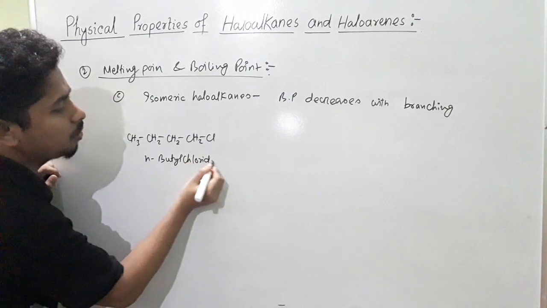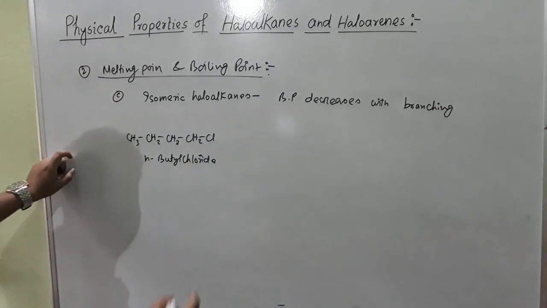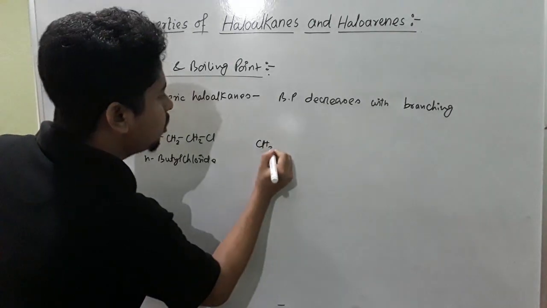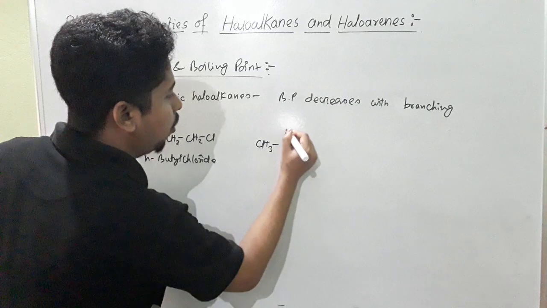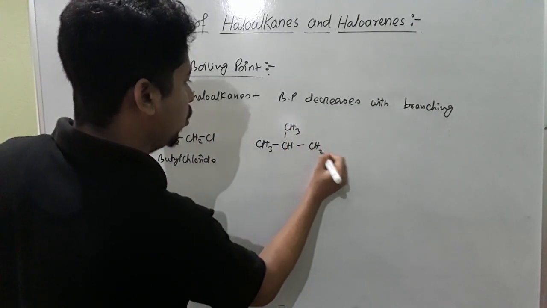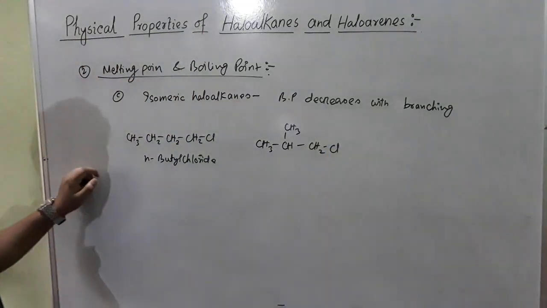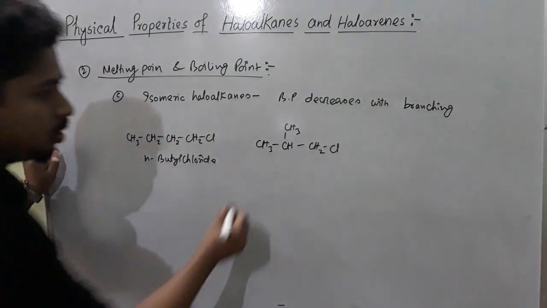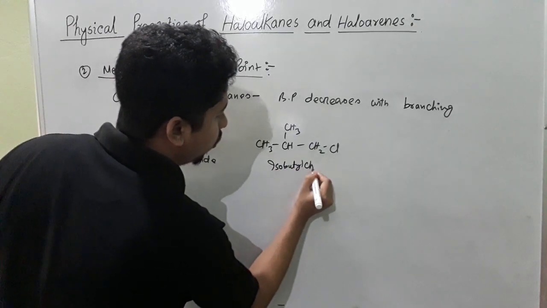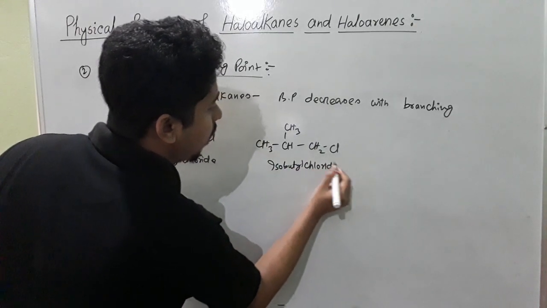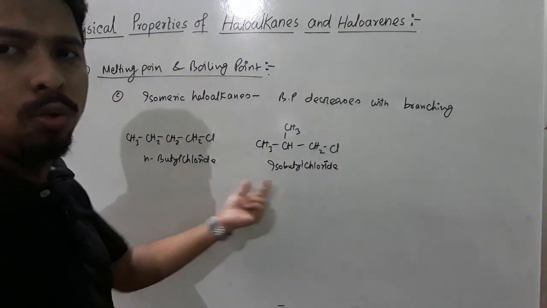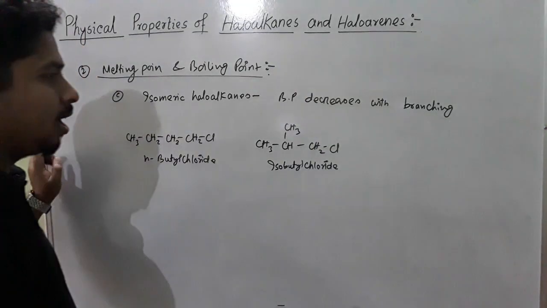Its another isomer is CH3-CH-CH3-CH2-Cl. This is n-butyl chloride, and this one is isobutyl chloride. Here you see both of these molecules have the same molecular mass, same molecular formula.